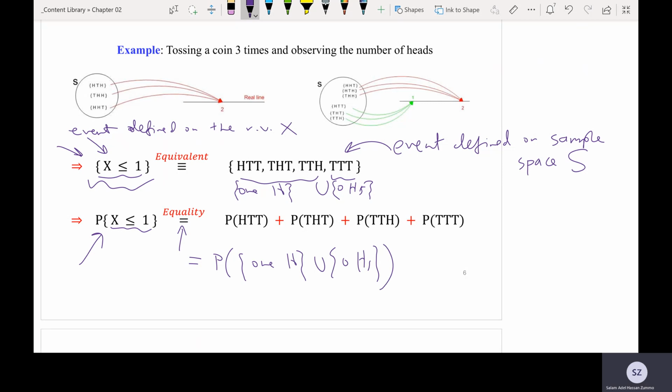And because these are mutually exclusive, you can write it as the probability of 1 head plus the probability of 0 heads, right? And 1 head corresponds to the sub-events. So again, you can write it in terms of these probabilities. Well, any questions here?